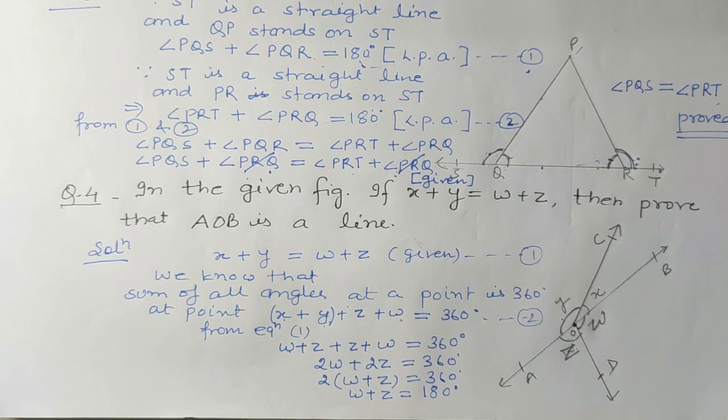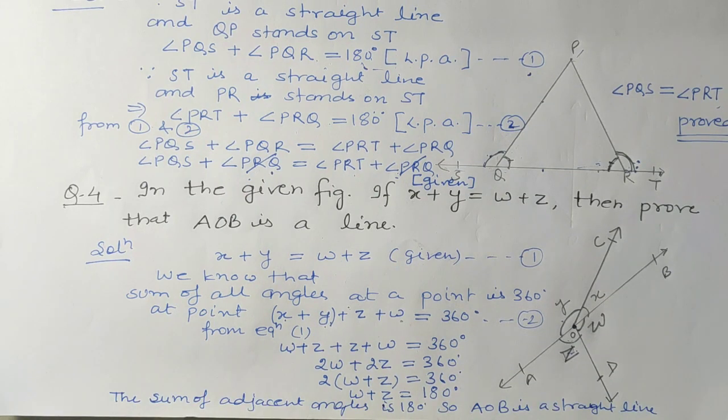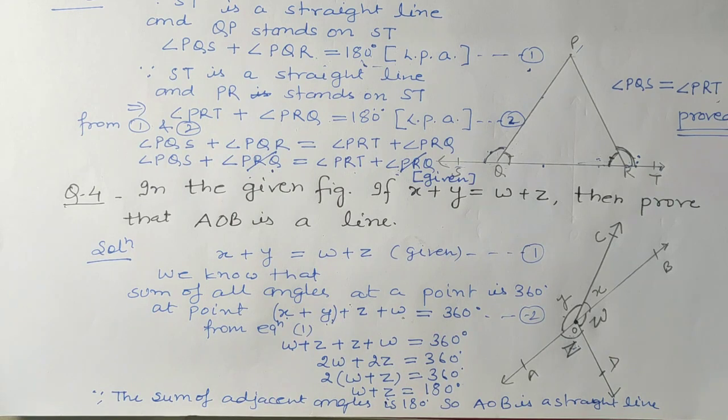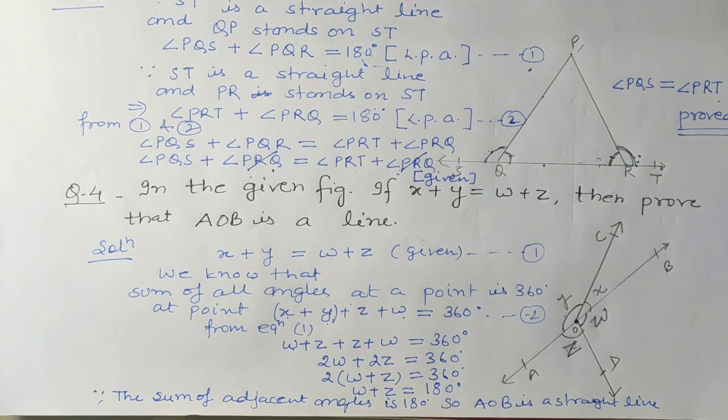So here we can write that the sum of adjacent angles is 180 degree. Since the sum of adjacent angles is 180 degree, AOB is a straight line. So by this method we can solve the question.